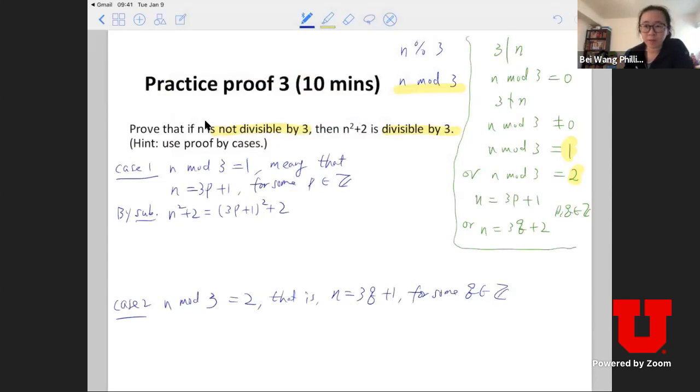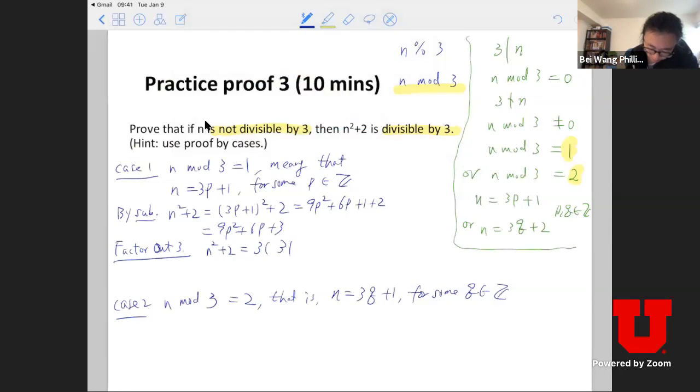Now I'm going to use a bunch of algebra to simplify this. This is equal to 9p squared plus 6p plus 1 plus 2, which is equal to 9p squared plus 6p plus 3. Then factor out 3, because we are going to look at whether this number is divisible by 3. Then n squared plus 2 is equal to 3 times (3p squared plus 2p plus 1).